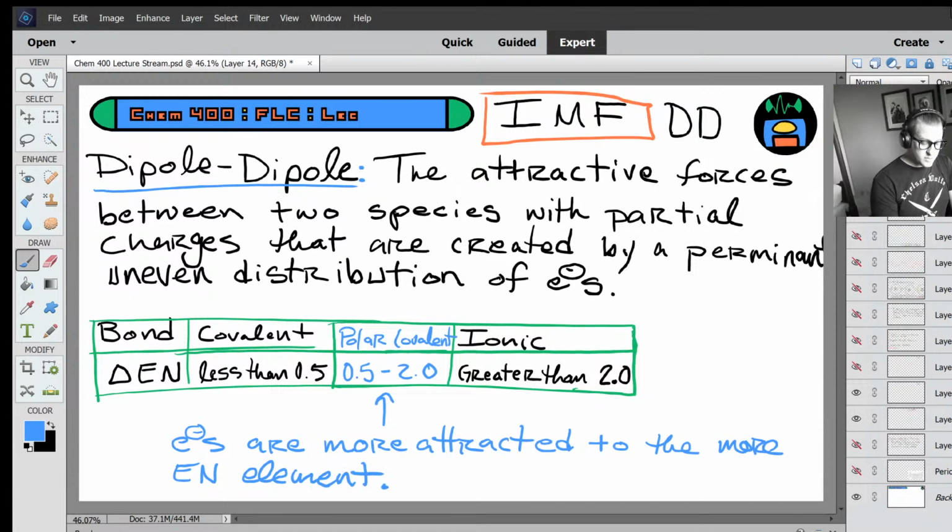As a result, they spend more time around that electronegative nucleus. So this creates both a delta minus partial negative and a partial positive in the molecule, or species, I should say.